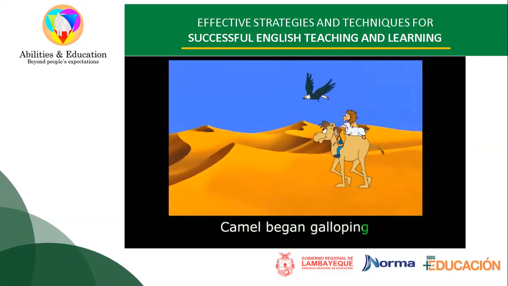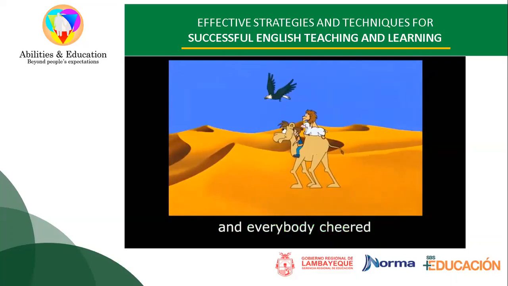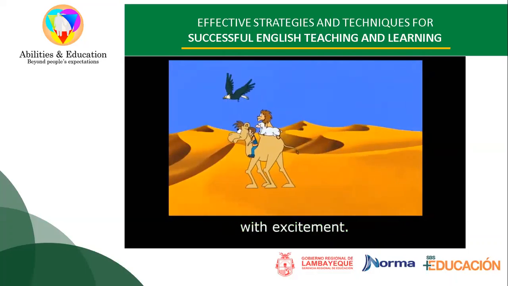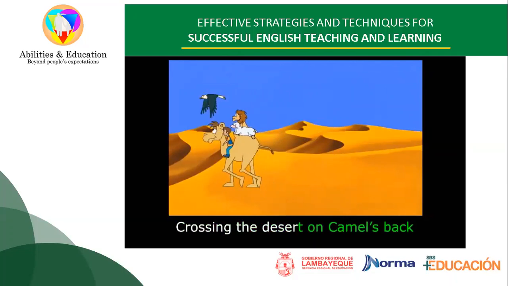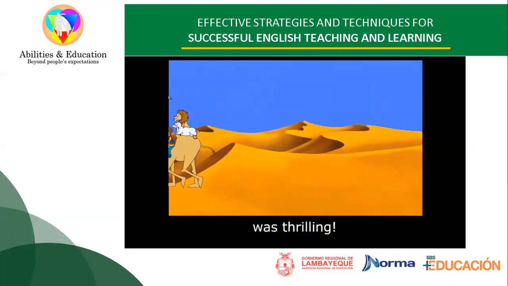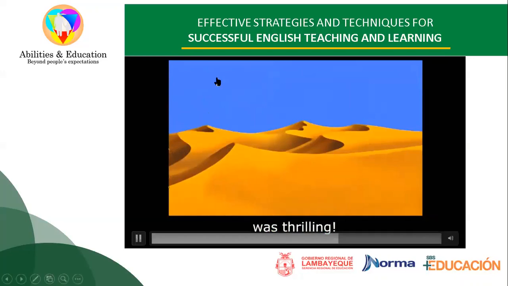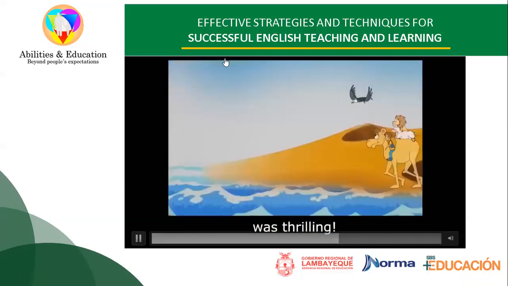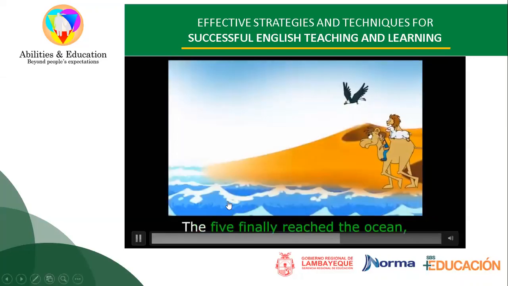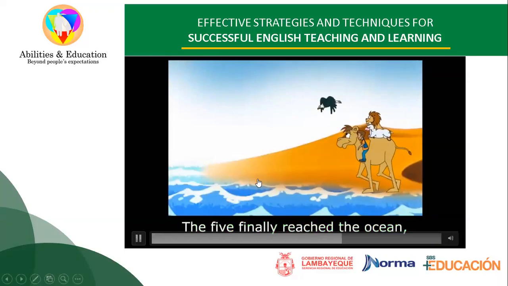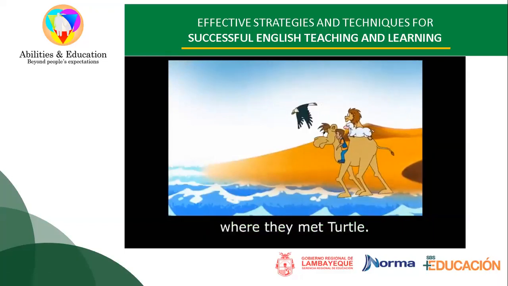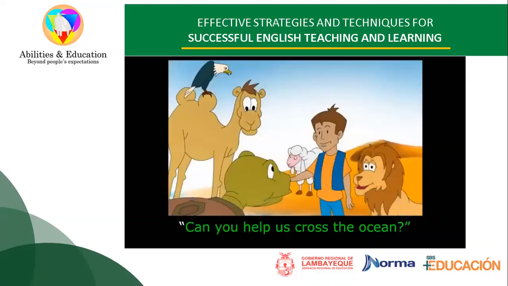Camel began galloping, and everybody cheered with excitement. Crossing the desert on Camel's back was thrilling. The five finally reached the ocean, where they met Turtle. Can you help us cross the ocean?